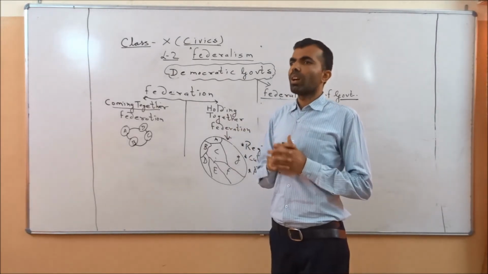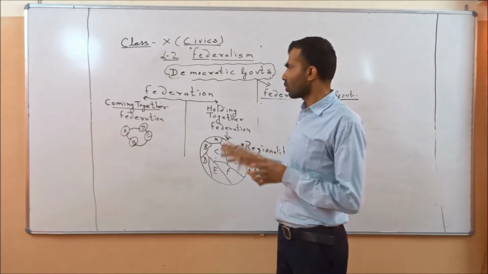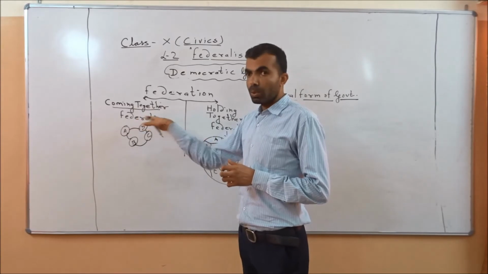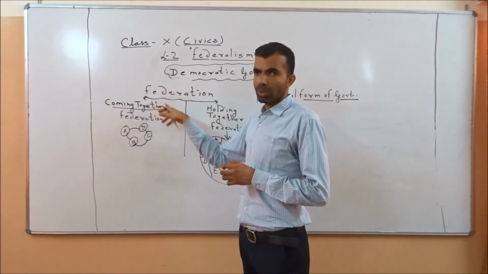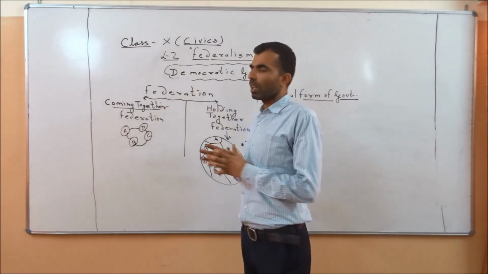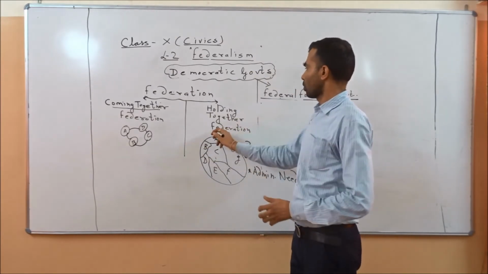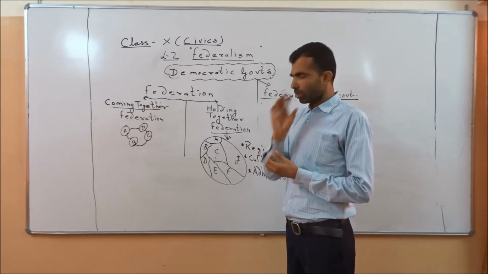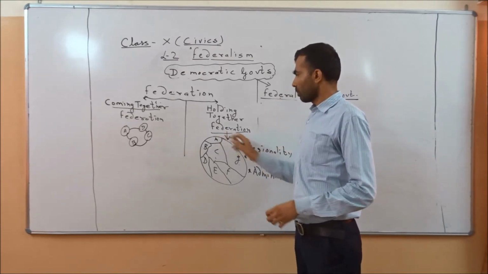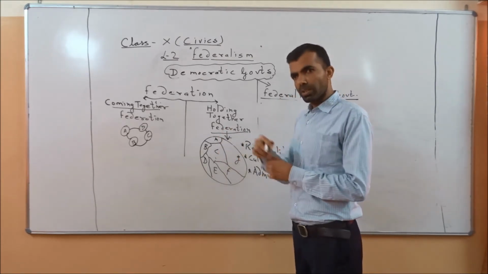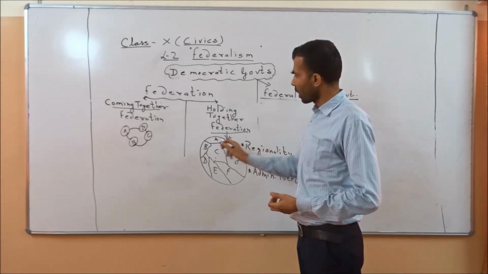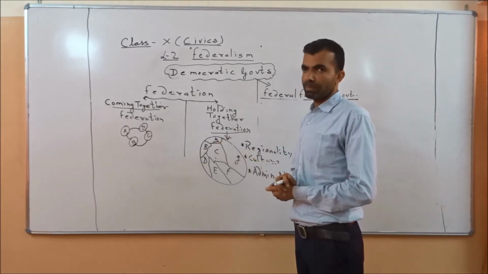Children, as I told you, in the coming together federation all the states are treated equally by the union government, the central government, or the federal government. But this is not the case in holding together federation. Why? A bigger nation is accommodating diversity, so sometimes it needs to provide a particular state more autonomy.